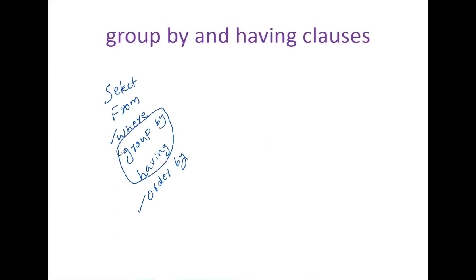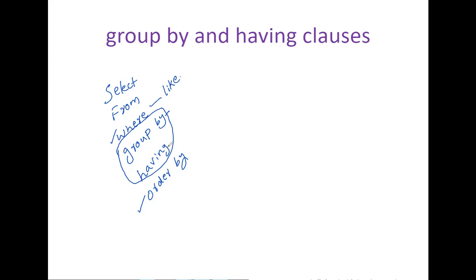So again, where and like: when I was explaining, I told you that only with where clause can we use like clause, right? If where is not there, I cannot use like. So with where only we will be using like. Just like that, group by and having, we have to use together. If group by is not present, we cannot use having.